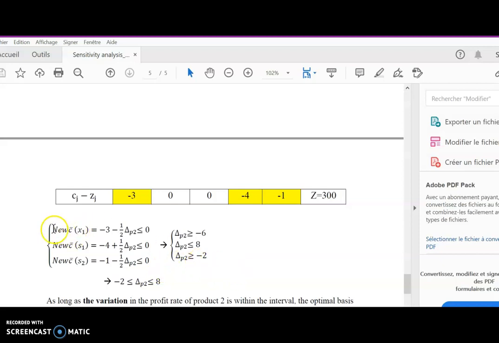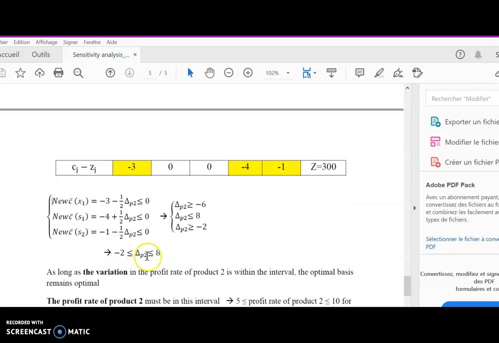Okay, so hence we conclude that delta P2 from the first equation has to be greater than or equal to minus 6 and less than 8, and also greater than or equal to minus 2. So we can conclude that this delta P2 has to remain between minus 2 and 8.